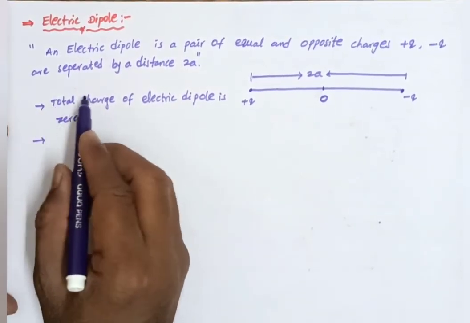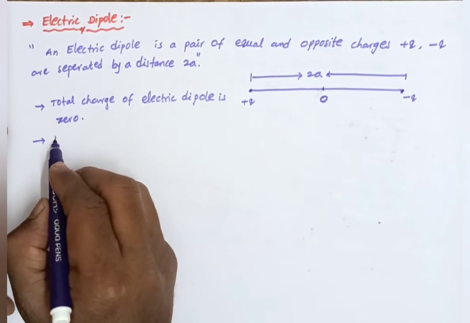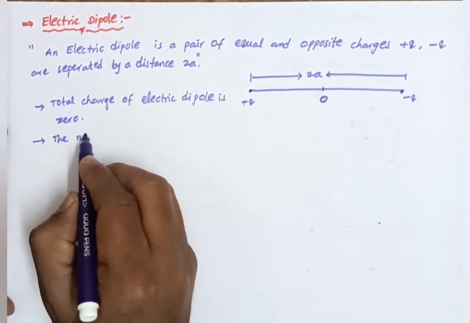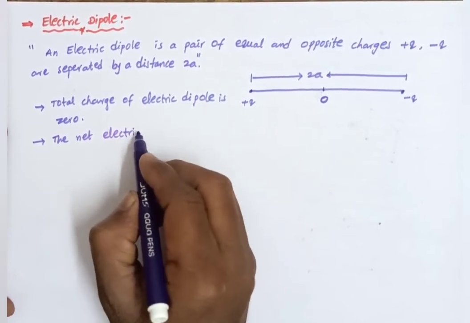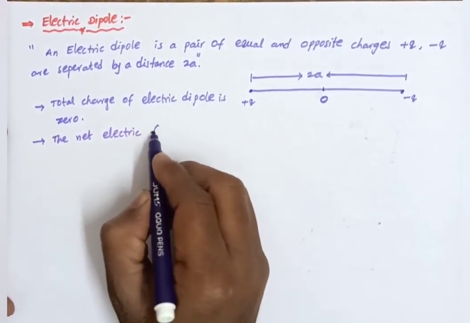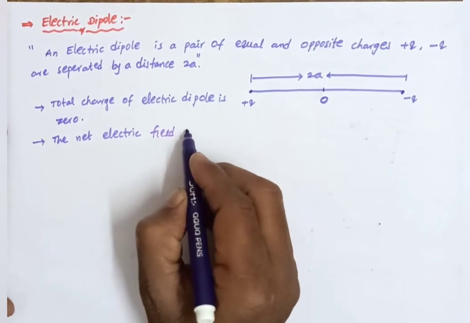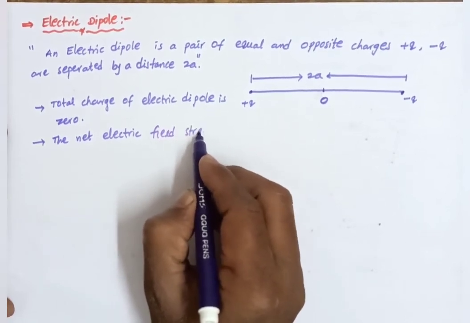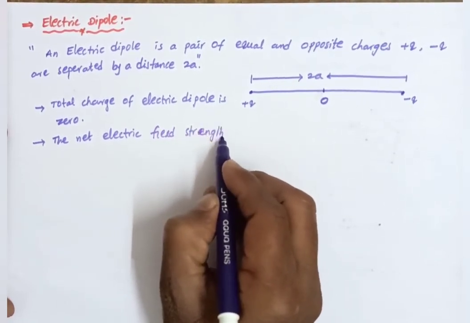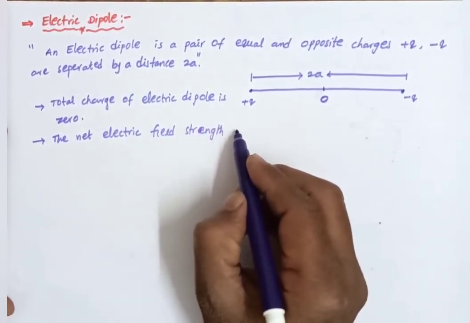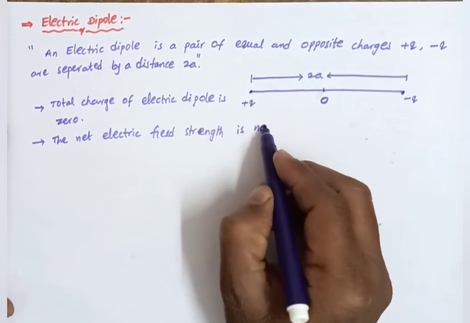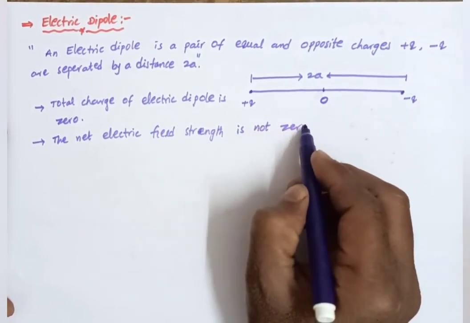So the net electric field strength, or intensity of electric field, is not 0.